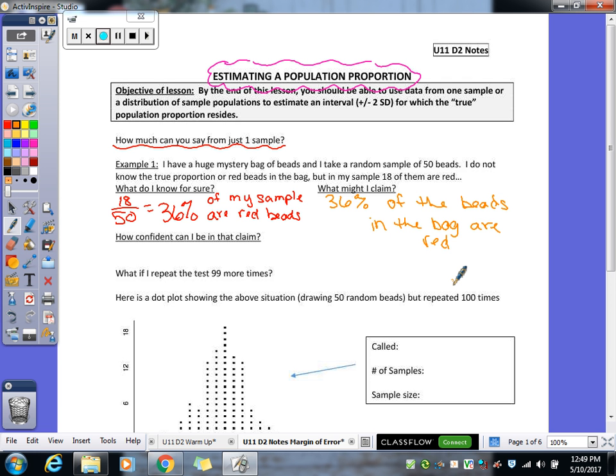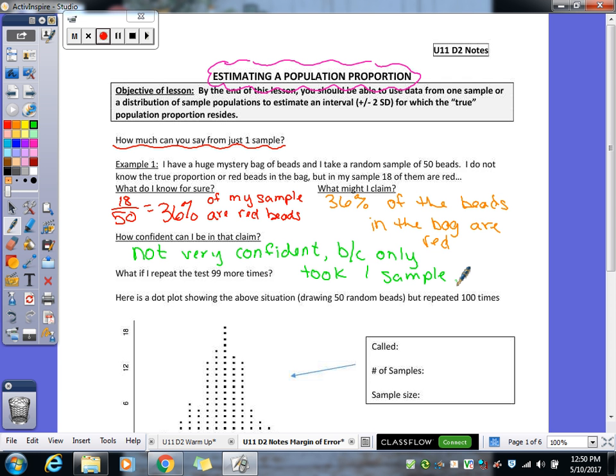No, you're not going to be very confident, because we only took one sample. If you just have one sample, it's not going to make you very confident in whether or not that is a true reflection of the full population.